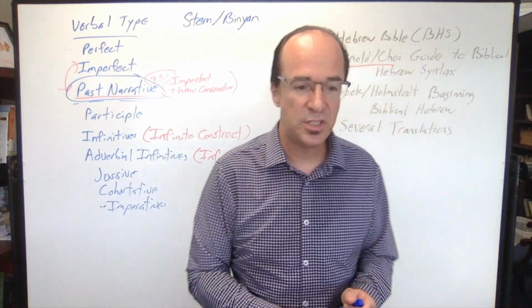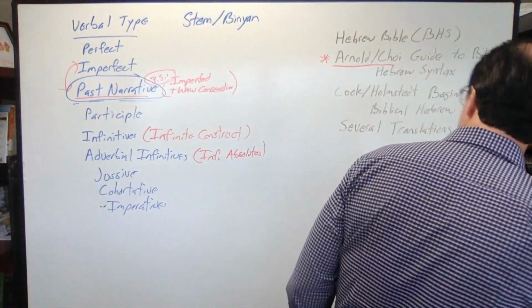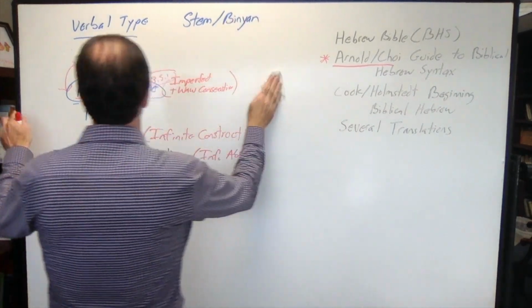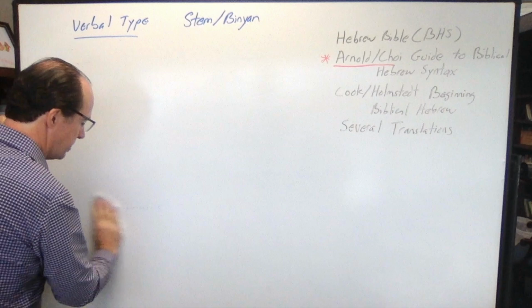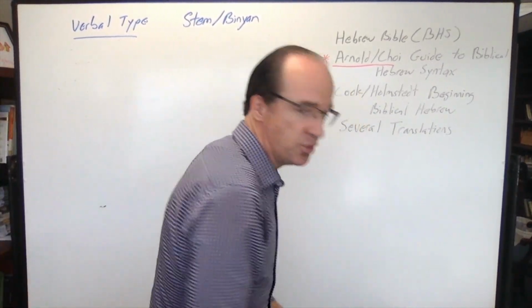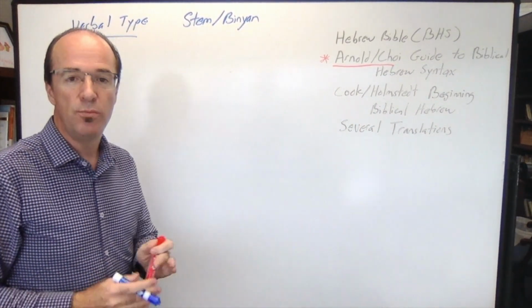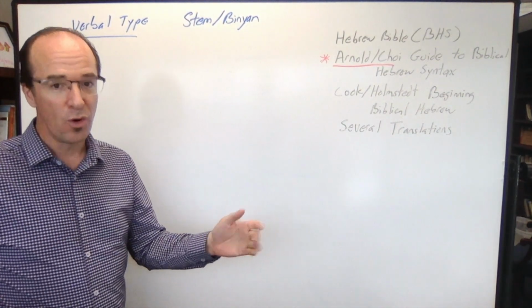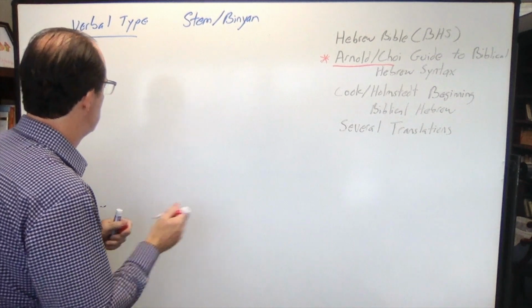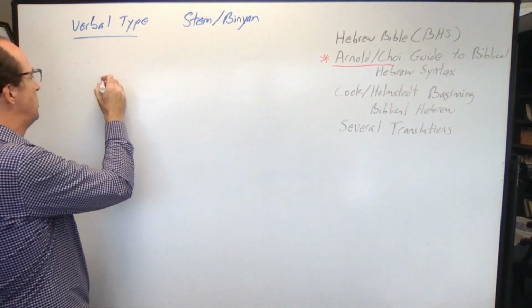Now, when we talk about stems and binyans, let me show you what that looks like. Depending on the semester you were in and your teacher, you would have worked on these lesser or maybe more than other types. So let me show you the different verbs, and I'll show you how they're put together.